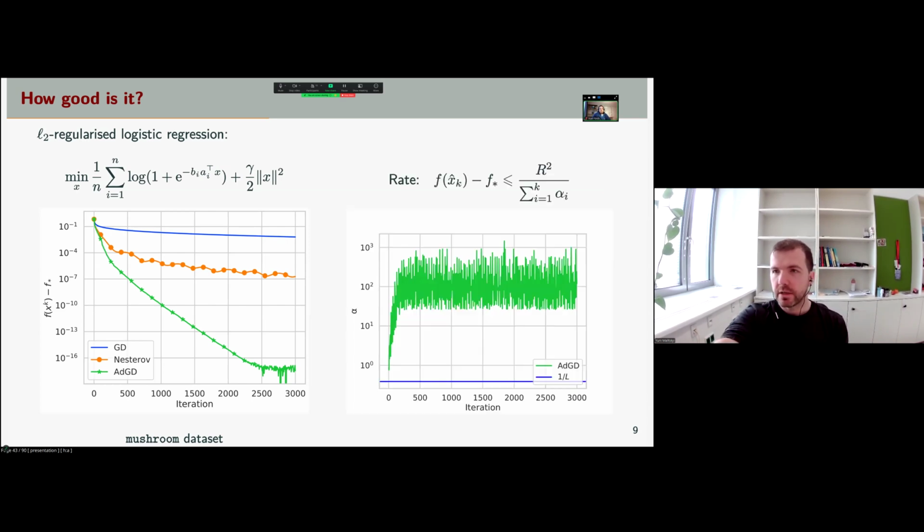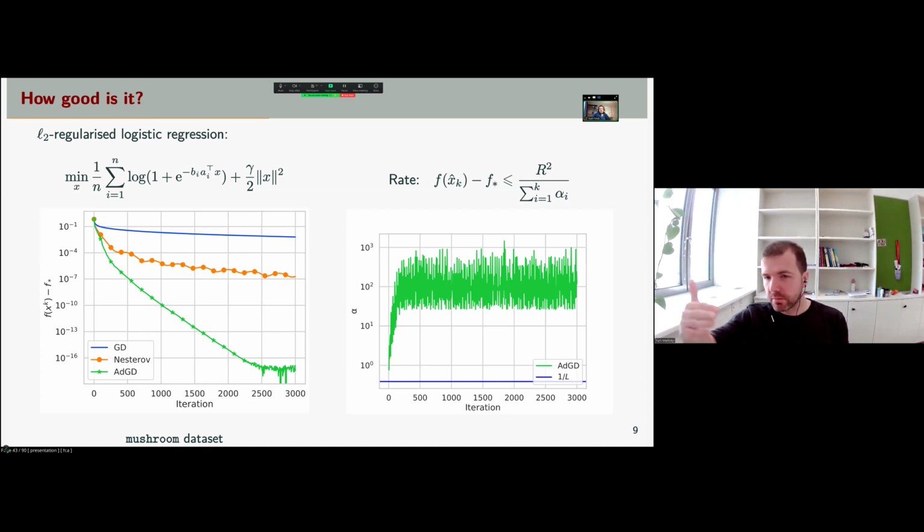So the blue line here on the right plot is 1/L, and this L is the best Lipschitz constant you can estimate here. So it was not cheating, it's a proper Lipschitz constant, the best constant you can estimate. And the green line is our step sizes alpha. As you see, they start more or less from the same kind of value, but they increase, reach some level, and more or less oscillate next to this level.